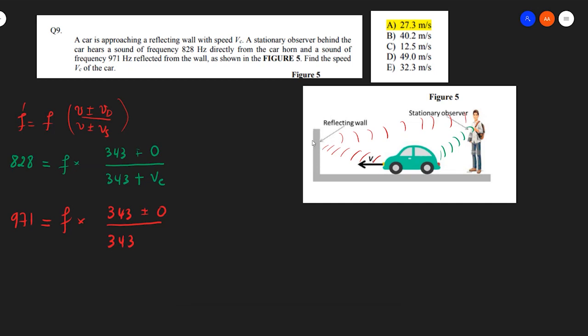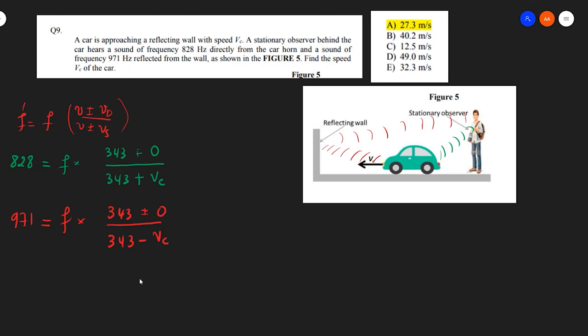Our wall is the detector. The velocity of the detector is 0, and the source is the car. The source is moving towards the detector. Since it is moving towards the detector, we know that the result will be larger. So I need to make this one smaller, and the fraction becomes larger, and everything is fine.